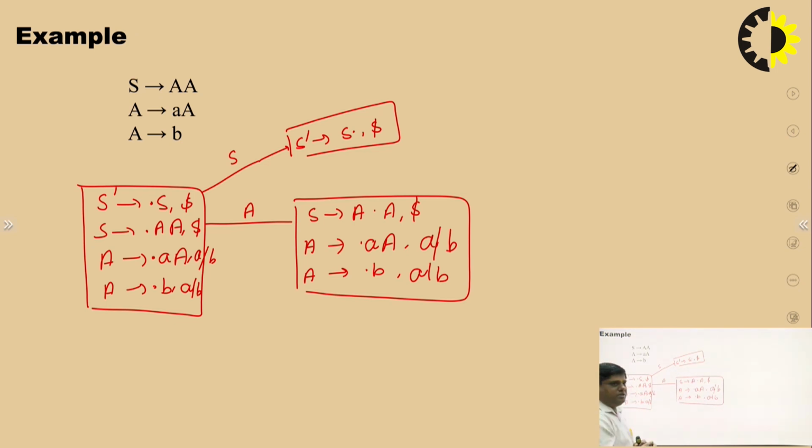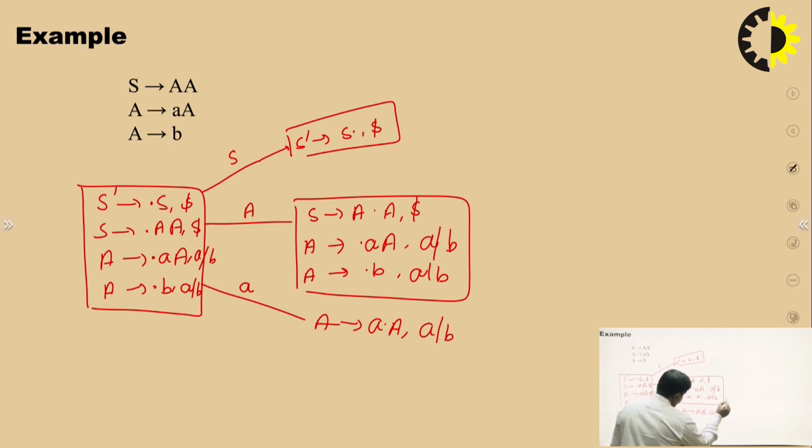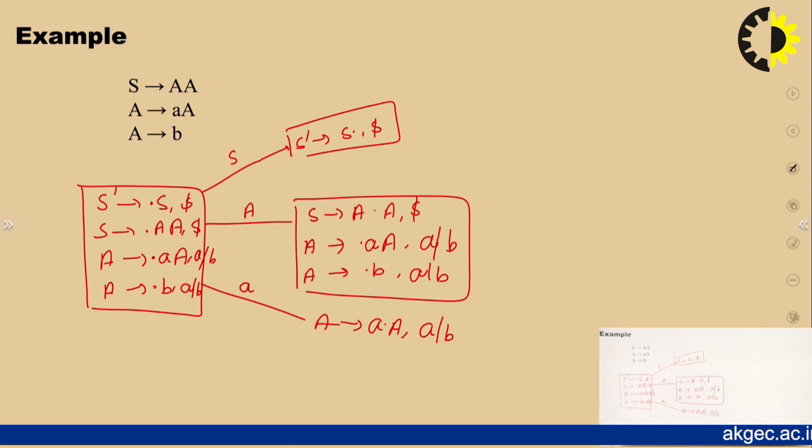This production rule has been explored. We explore this production rule. What is the input? Input is A. Now A tends to A dot A, and what is the look ahead symbol? A and B. And explore again. A tends to dot A and A tends to dot B. And what is the look ahead symbol of this?